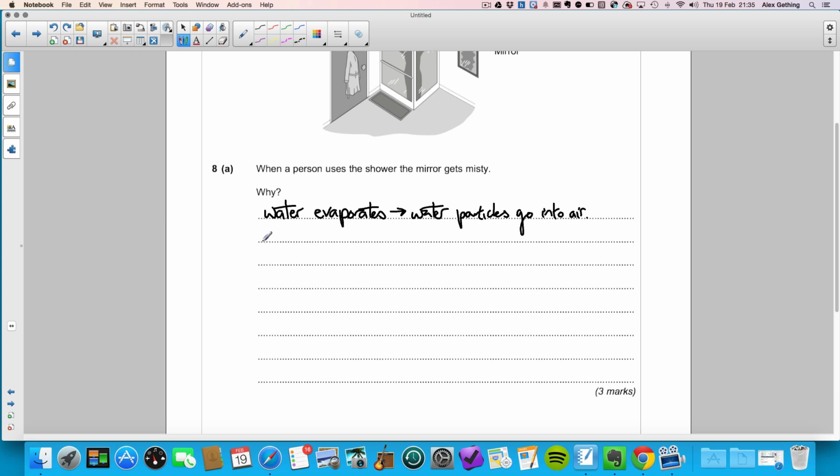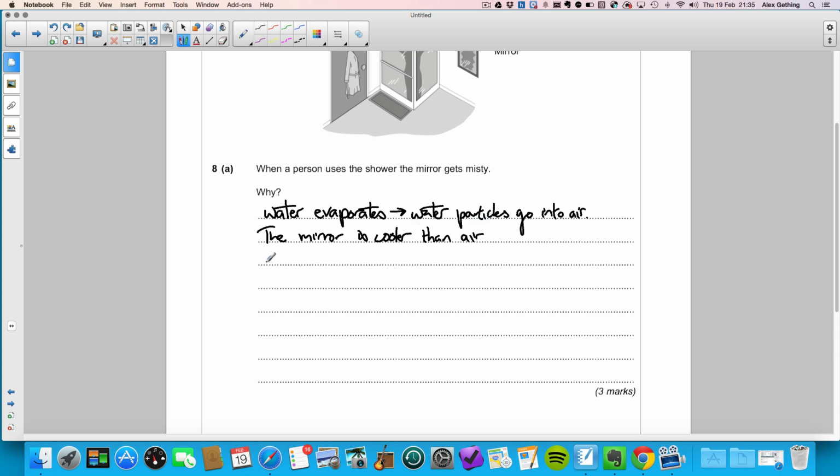Okay, the mirror is cooler than the air in this instance.